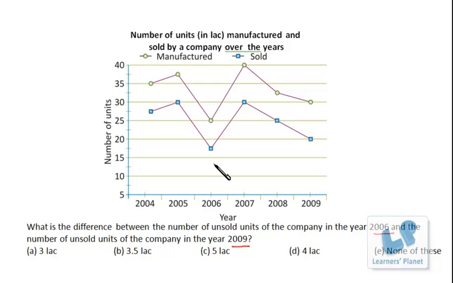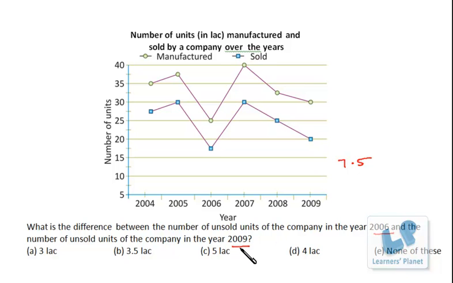So 2006 is this. The manufactured unit was 25 and sold unit was 17.5, right? So what is the difference? That is the difference between these two. 25 and 17.5. So that is 7.5. That is in lakh, right?